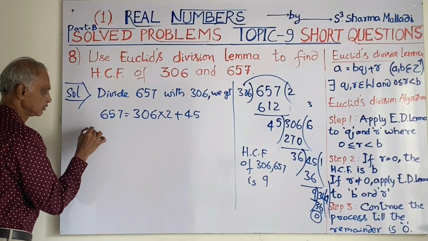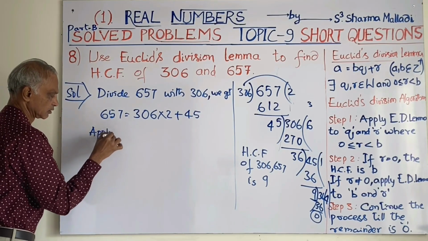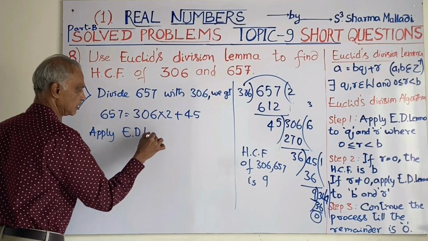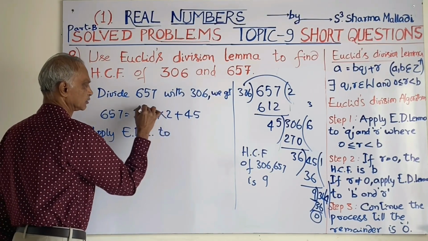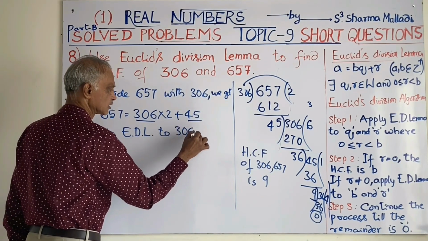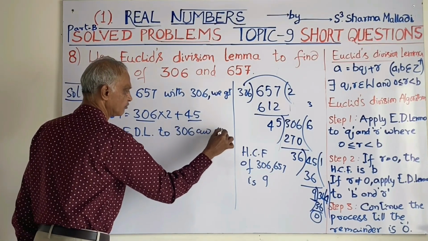Now apply Euclid's division lemma to 306 and 45.